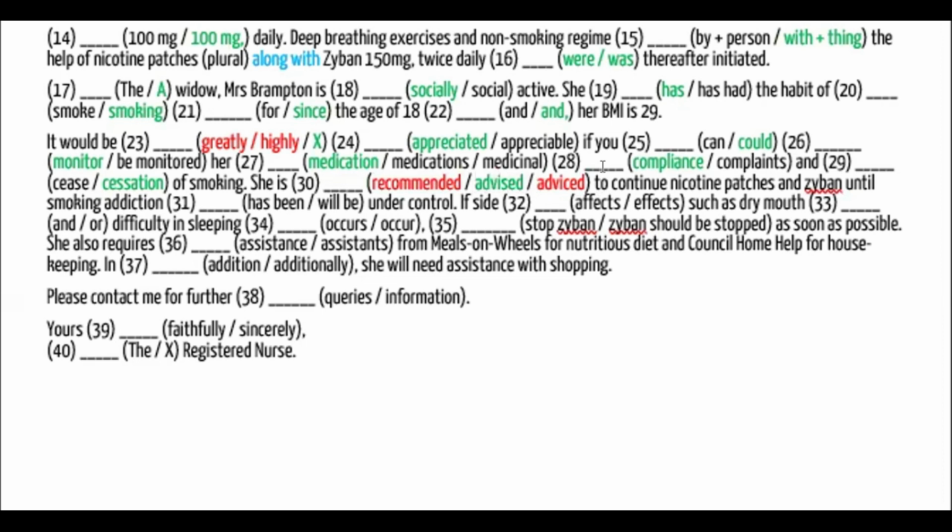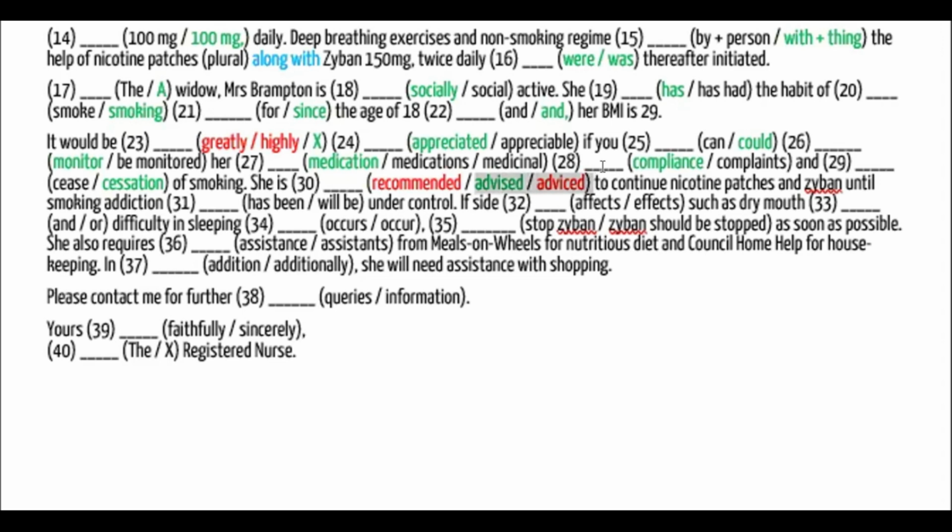Remember, whenever you want to write the ed form of advice, it is S-E-D. We never write C-E-D. We never write advicing, C-I-N-G. We never write advices, C-E-S. If you want to use advice as a verb form, like advised, advising, advises, the S is the letter, not C. Remember that.